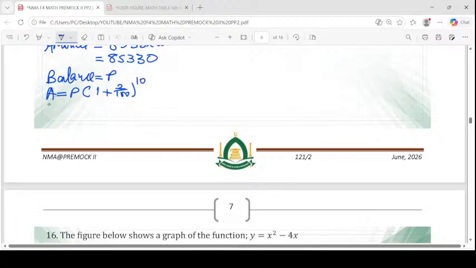So our amount will be equivalent to, when I take 1 plus 2 over 100 to the power of 10, that becomes 1.2189942P. That is the amount.